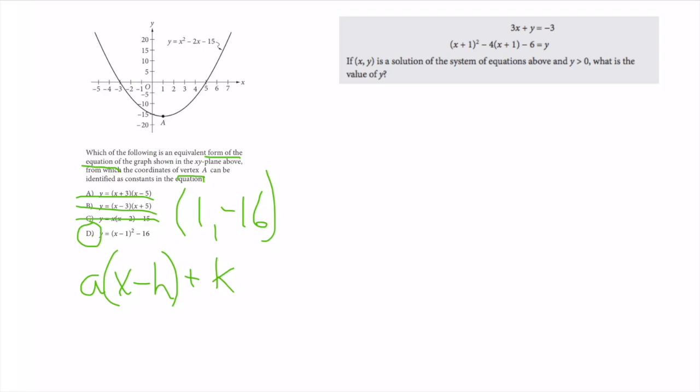So even just by subbing in those answers, I get (x minus 1) squared minus 16. Sorry, there's a square here. So it's a fairly simple question, but the way they ask it seems a little more difficult than it is.